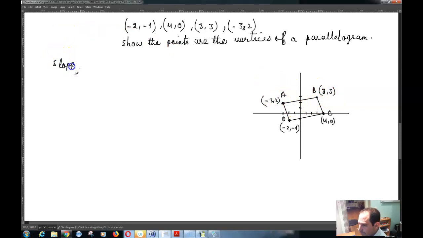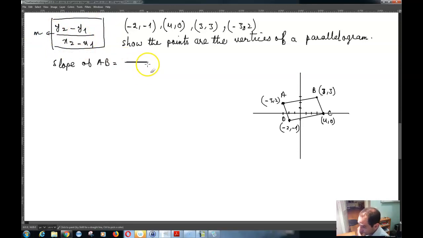The slope of AB is y2 minus y1 over x2 minus x1. That's the slope of a line, called m. So for AB, you can write 3 minus 2 over 3 minus negative 3, and that's equal to 1 over 6.